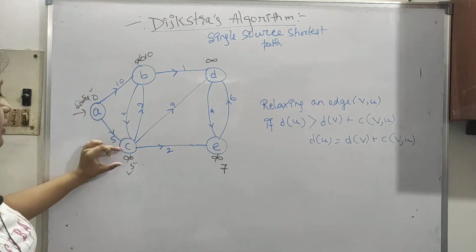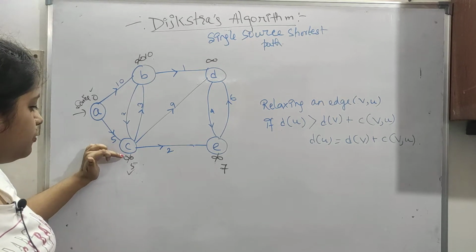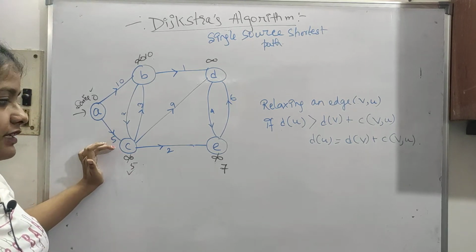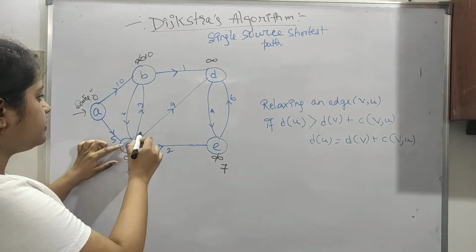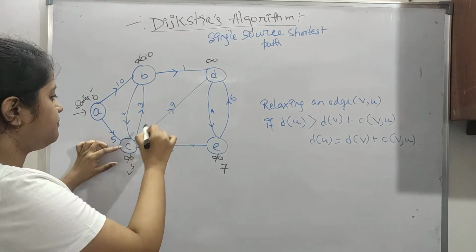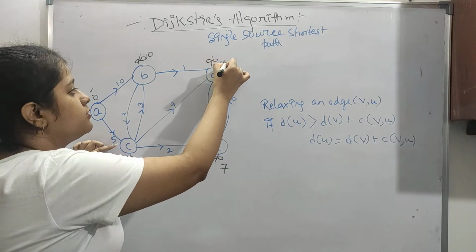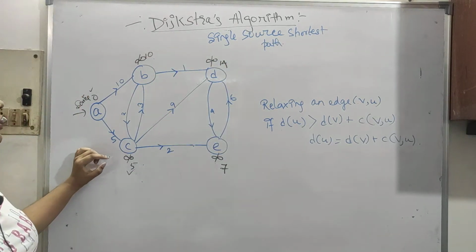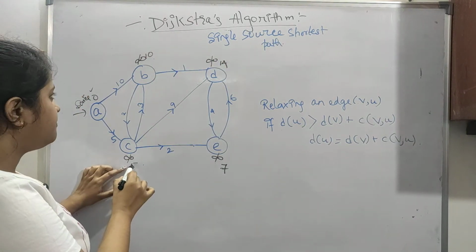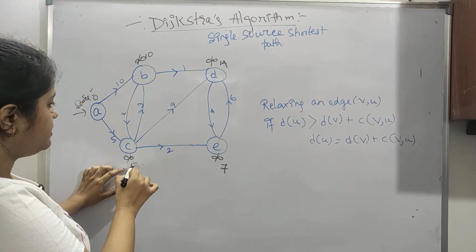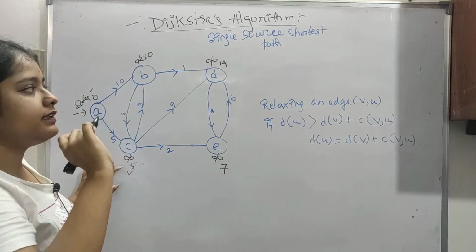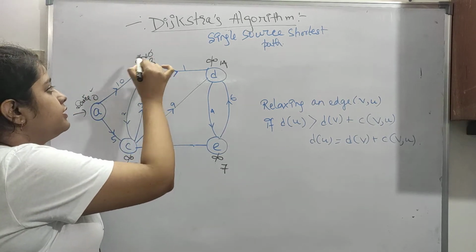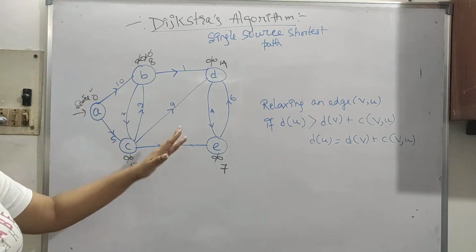Another outgoing edge is 9, 5 plus 9 is 14, which is less than infinity. And the edge with 3, 5 plus 3 is 8, and 8 is less than 10, so it is replaced with 8. This is basically relaxing the edge.